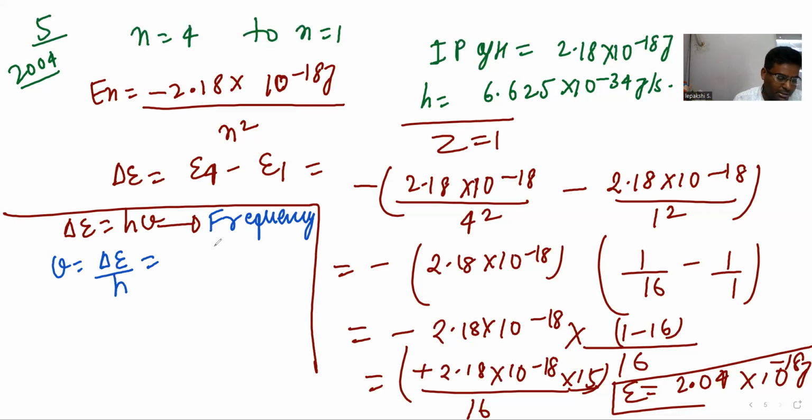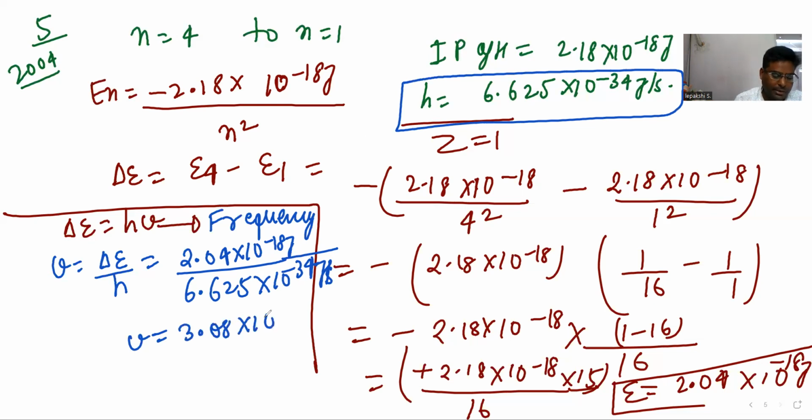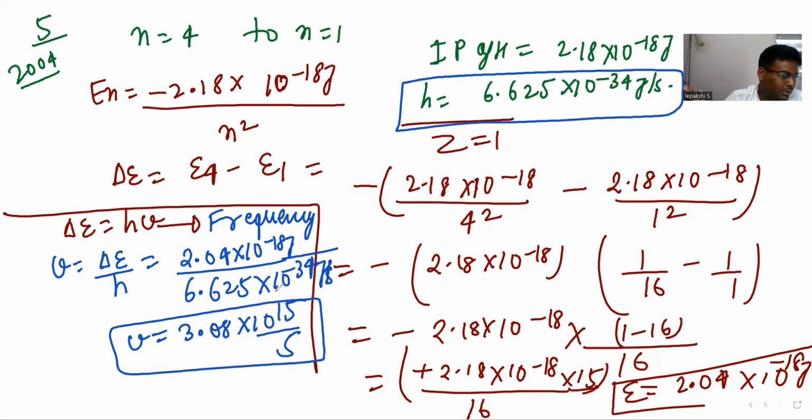Delta E we have found, that is 2.04 into 10 raised to minus 18 joule, divided by the h value, that is Planck constant, given here as 6.625 into 10 raised to minus 34 joule second. After calculation, you will get the frequency, that is 3.08 into 10 raised to 15 per second. So this is the value I have got. It is asked in 2004.